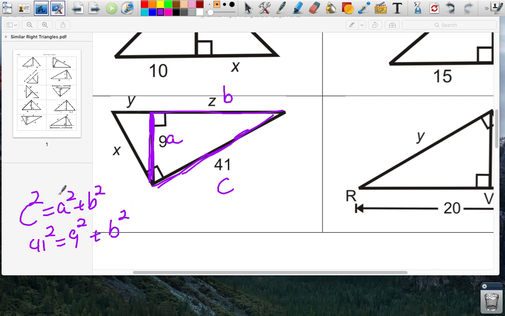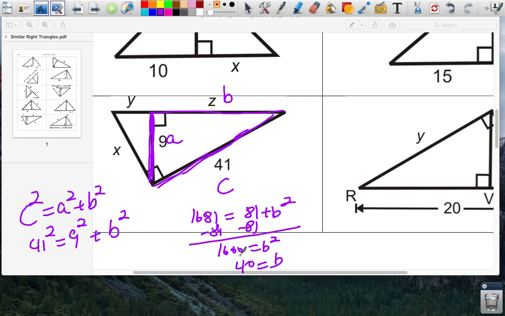So 41 squared is some number, which is, I'll continue over here, 1681 equals 81 plus b squared. So this is nice. Minus 81 on each side. You get 1600 equals b squared, and b equals 40, right? Because that's the square root.